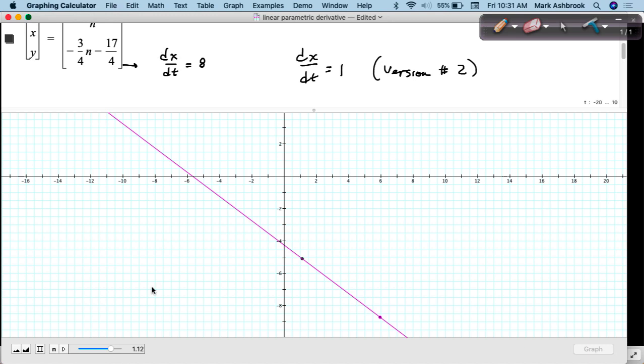So it's kind of like the rate at which the points are generated. In the first version, the x coordinates change 8 times as fast as the x coordinates in the second version. And you see that as you change t, by the speed of the points being generated.